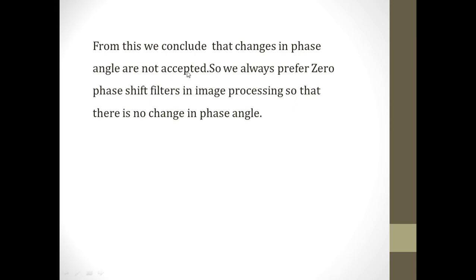So zero phase shift filters are used so that with the use of these filters there is no change in phase angle. So mainly zero phase shift filters are used in image processing to avoid the change in phase angles.